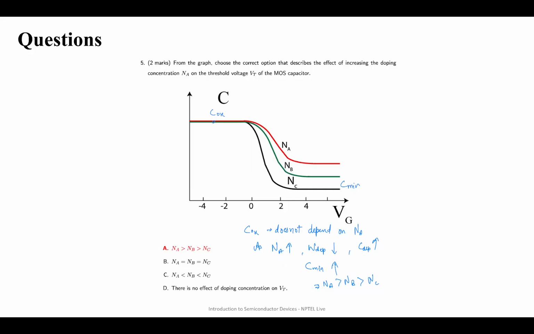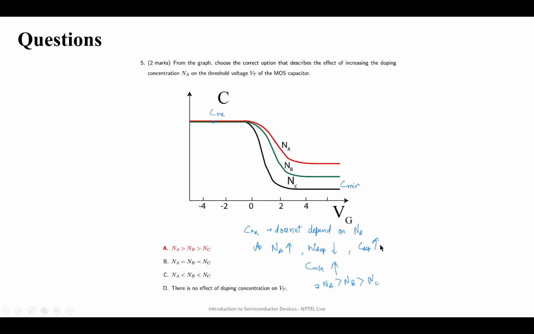That is incorrect. The answer would be A, Na is greater than Nb is greater than Nc. So this is Cmax, that is equal to Cox. And on the right side is the inversion capacitance, that is Cmin. Your Cox will not depend on Na, but as your Na increases, your W depletion will reduce.